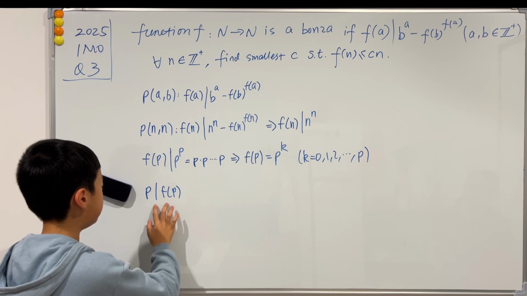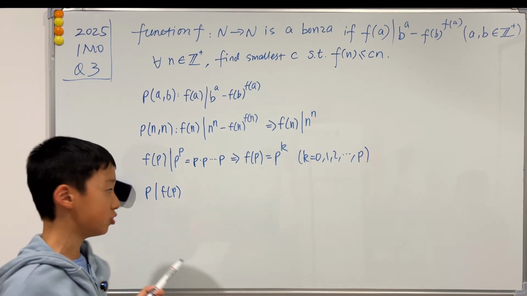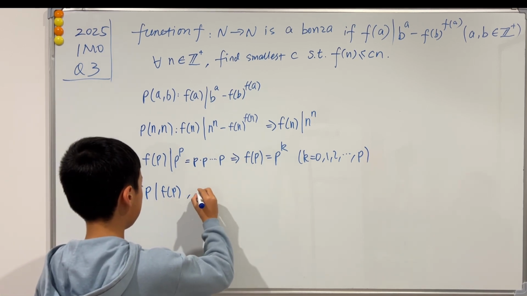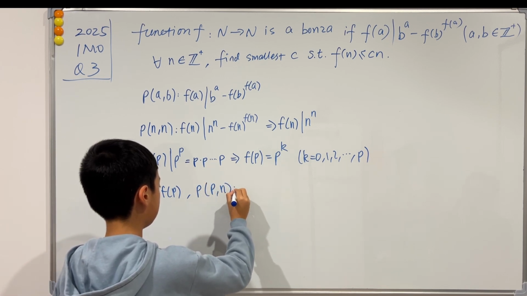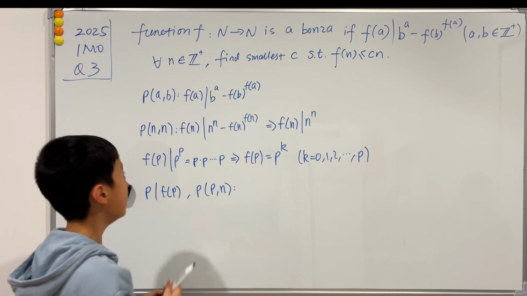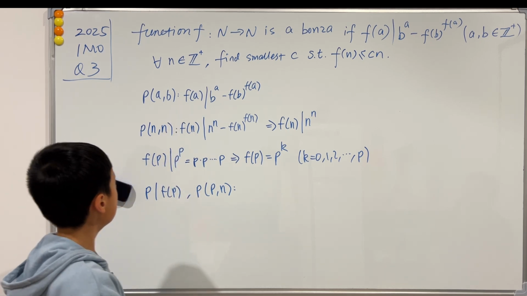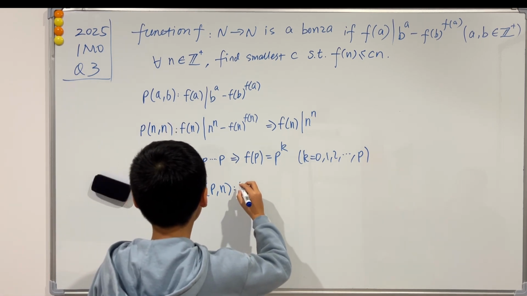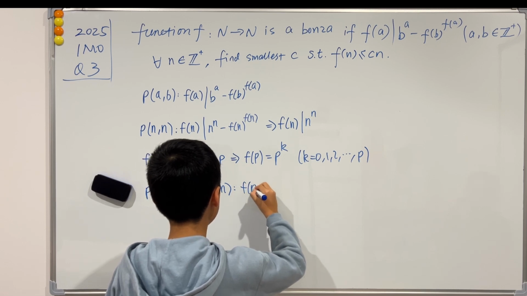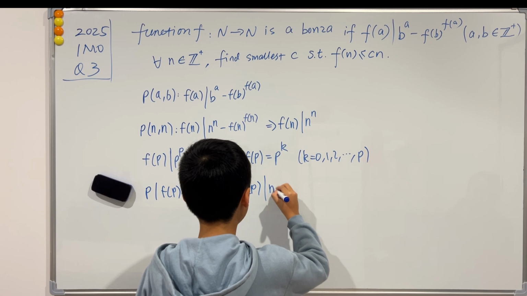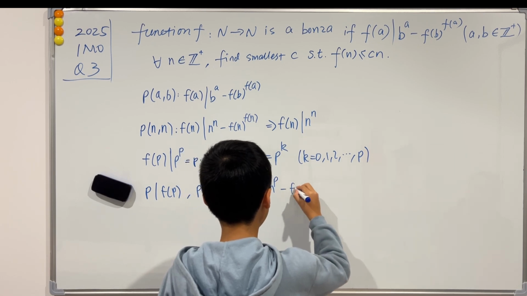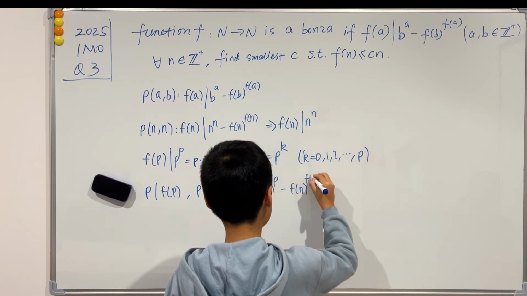So now that we have this, we can create a new property. We define property P(p, n). We can use this original definition so that f(p) will divide n^p - f(n)^f(p).